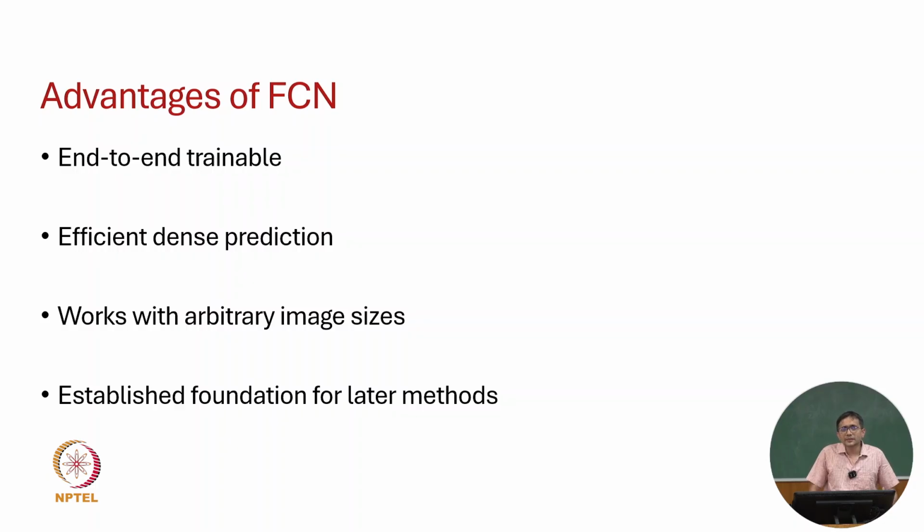So the later methods that we'll study, one of them we'll study in this lecture itself, and some of them will come later in this course. The FCN is working as a foundation for these later methods.